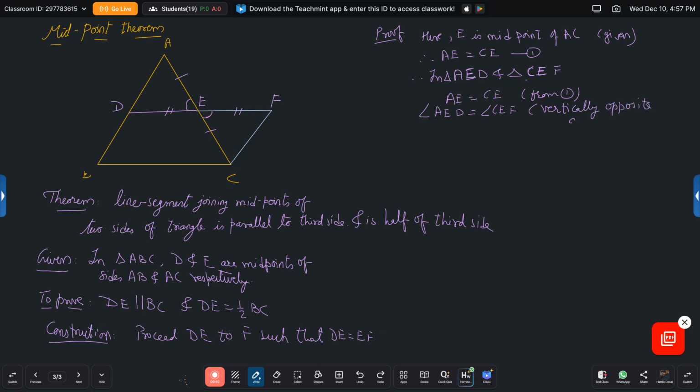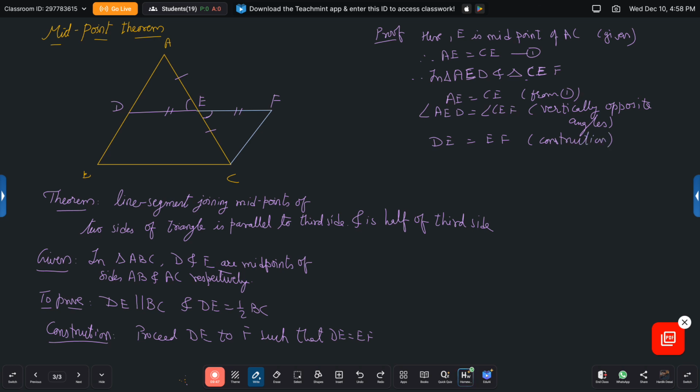I have written the reason also. And third is what we have constructed, that DE is equal to EF. This is construction. I'll write in proper way: DE is equal to EF, and this is construction.